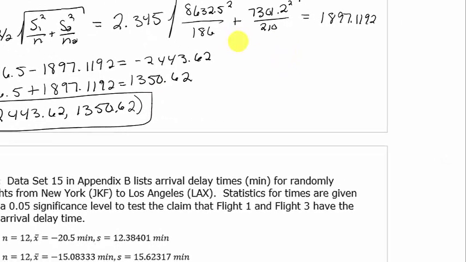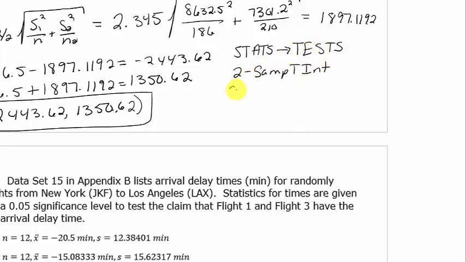Now, if you want to do this on your graphing calculator, you would click on Stats, Tests, and then it's 2SampTInt.